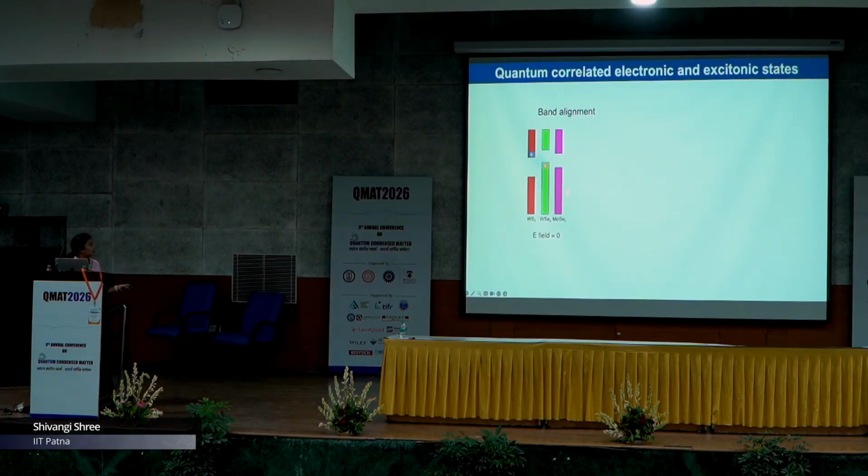So the idea here: the interlayer exciton which forms between these two layers, we will see the half of the Moire of this, and then we will try to see the exciton crystal. At zero electric field, the lowest interlayer exciton is from WS2 WSe2, but as soon as we apply some field, this will be pushed lower, and then the lower state of interlayer exciton will be from WSe2 MoSe2.